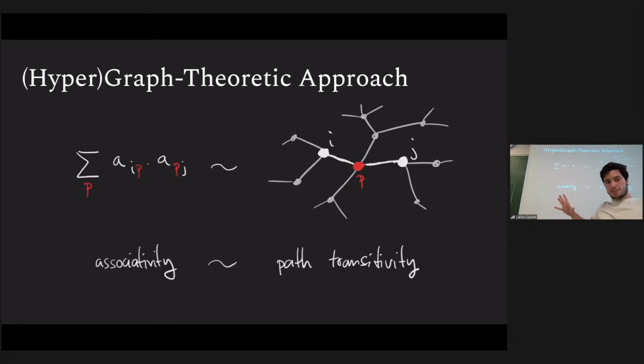And the observation here, that made pictures mathematically interesting and not just good guidance, is that when you study why matrix multiplication is associative, you can directly connect that fact to path transitivity, meaning that if you can connect I to P and P to J, that means that you can connect I to J. This observation is absolutely pedestrian, there's nothing deep about it, but to me it was really key to develop a research program around these products.